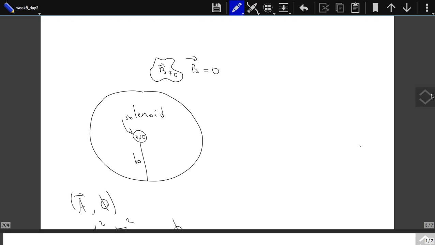So psi(r) is proportional to e^(iλφ) times the Dirac delta of r minus b. This is your wave function. So there's no leaking into the region where there is the magnetic field.